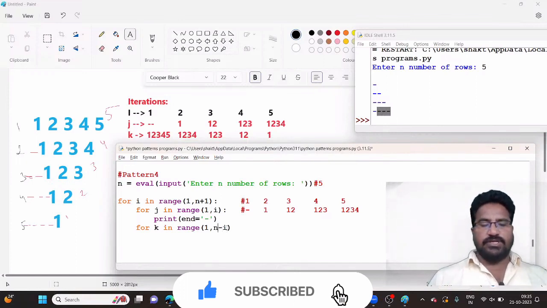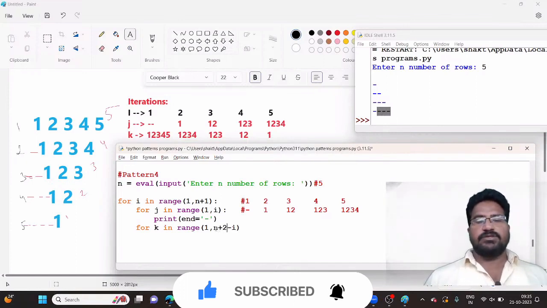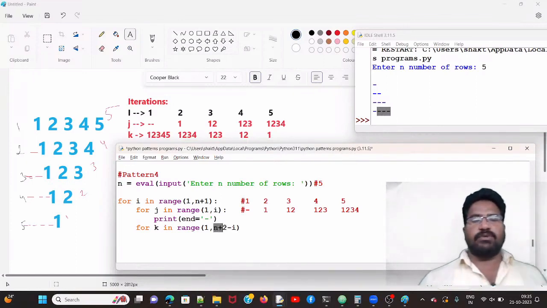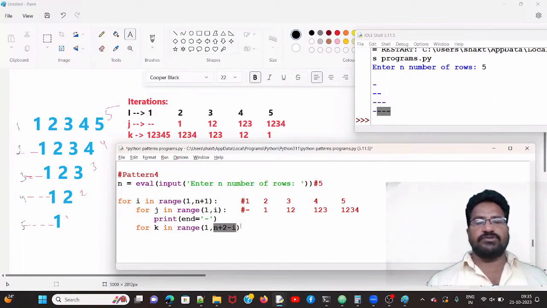No. Let's take plus 2 minus I. So 5 plus 2, 7, 7 minus I value 1, 6, 6 before 5, so that it iterates 5 times: 1, 2, 3, 4, and 5. First time 5 times iterating.